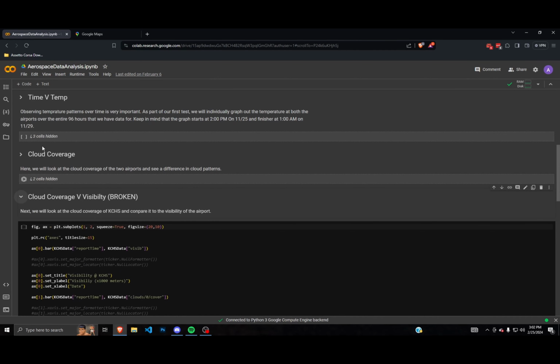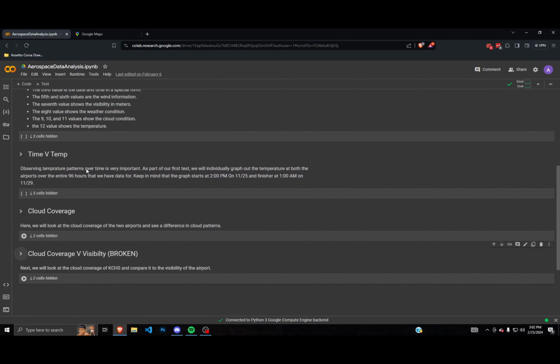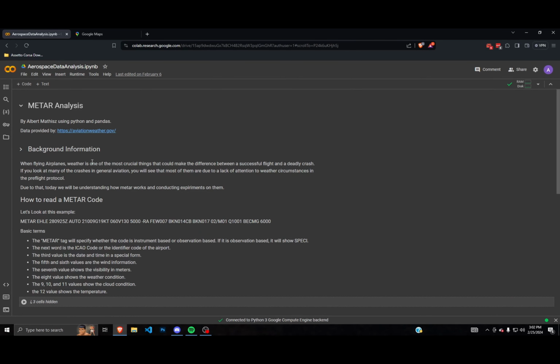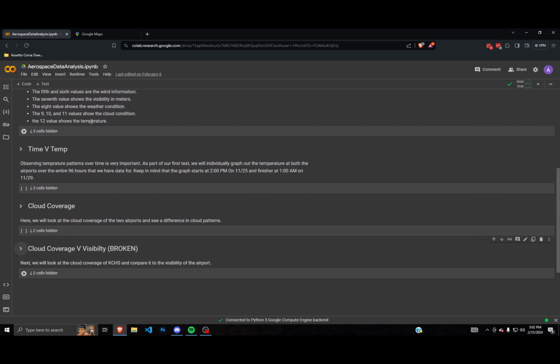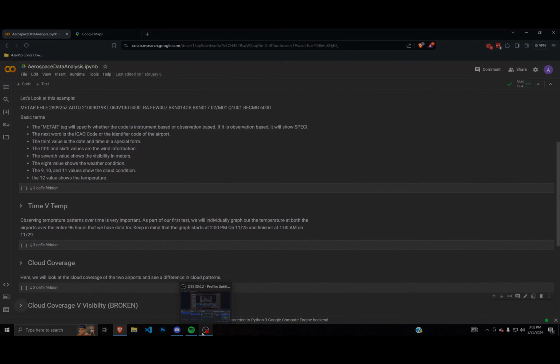And those are the three main analyses that I ran, and they're very interesting because it shows how weather can have huge impacts on what happens when you fly an airplane. So yeah, that is the project.